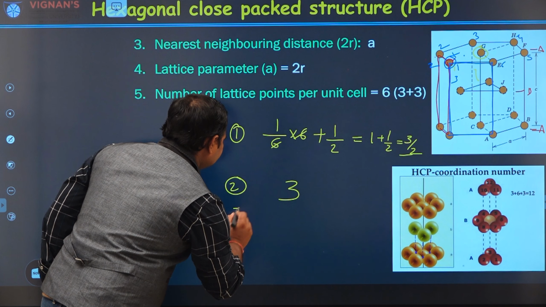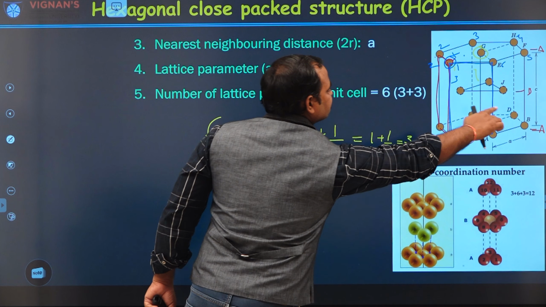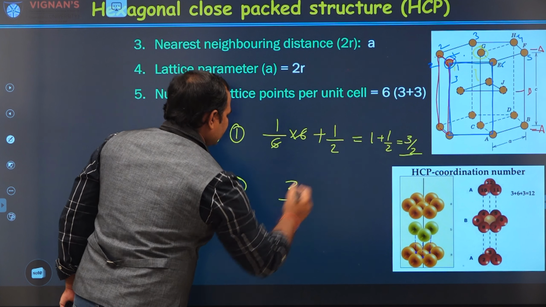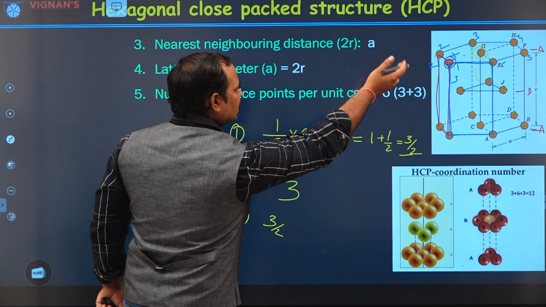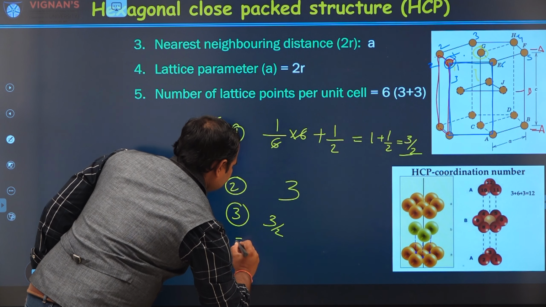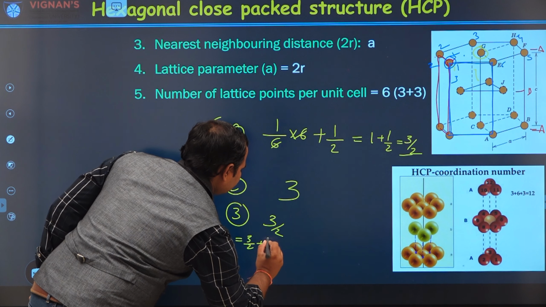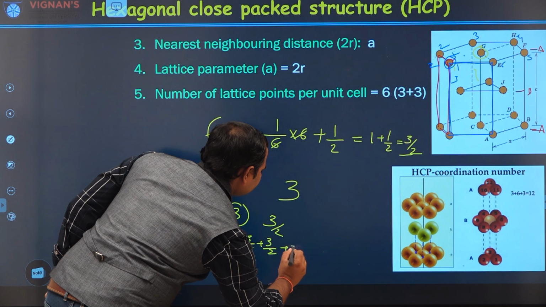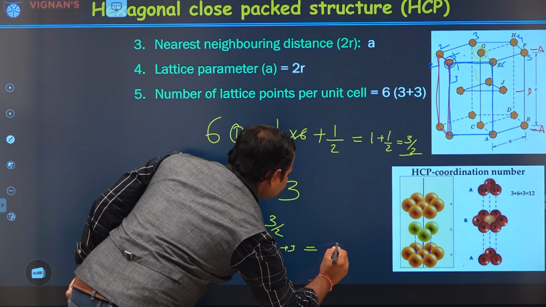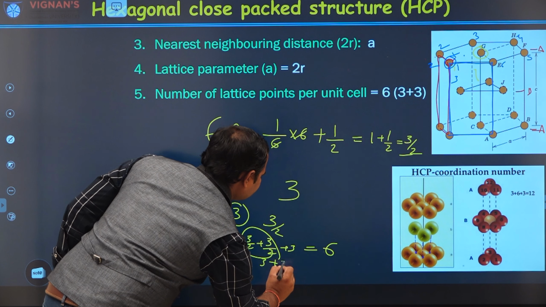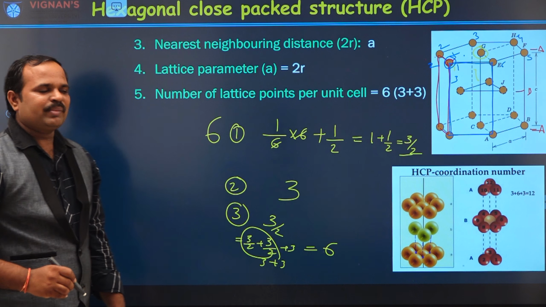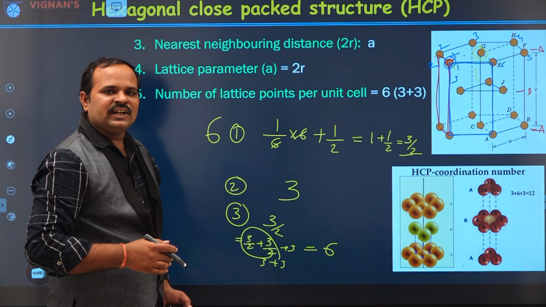And the third layer is similar to the first layer, the same hexagon, so it will also contribute 3 by 2. So the total contribution is 3 by 2, 3 by 2, 3, which is 3 plus 3, equal to 6. That means the number of lattice points per unit cell is 6.